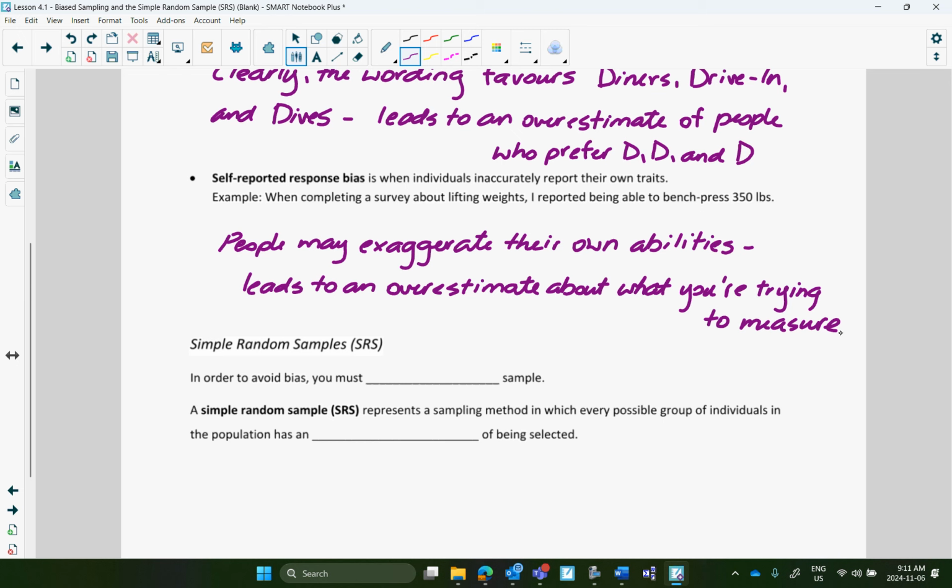Over, because who's going to say, no, I don't wash my hands. But then they actually went into washrooms and just watched the people to see if they washed their hands, and clearly got a different result.